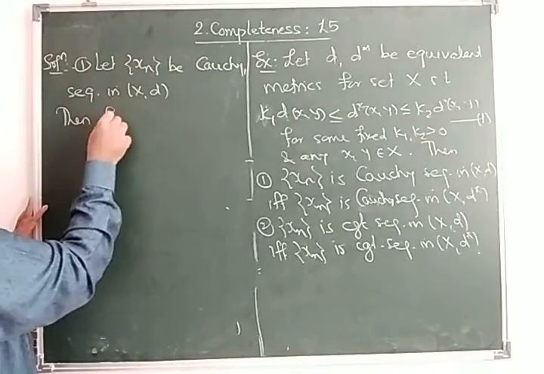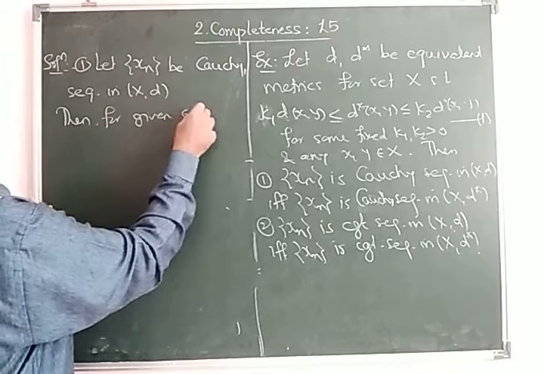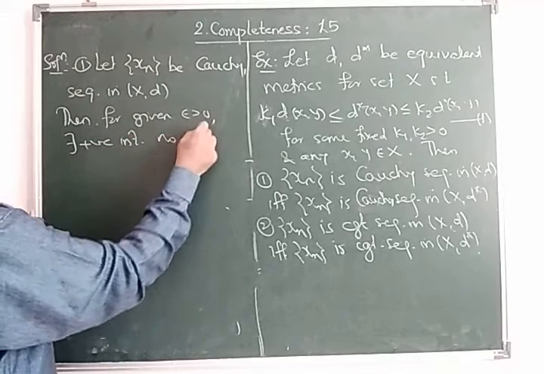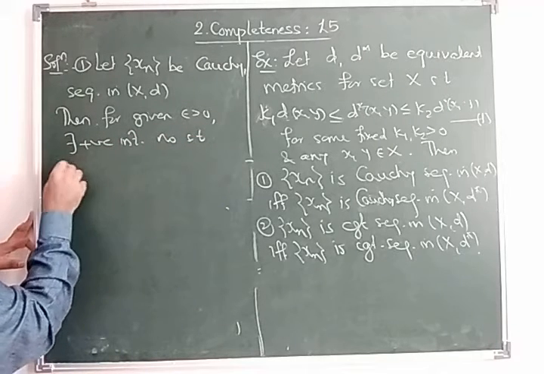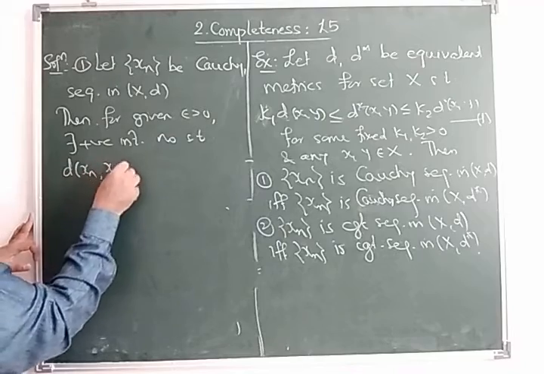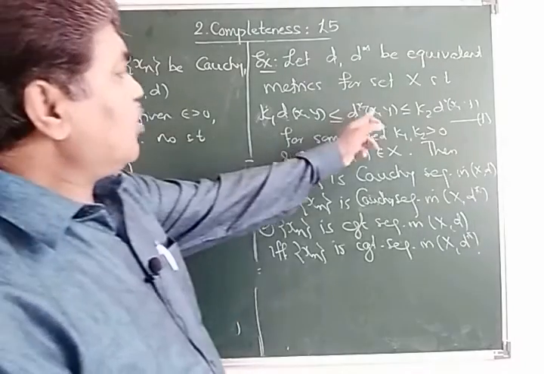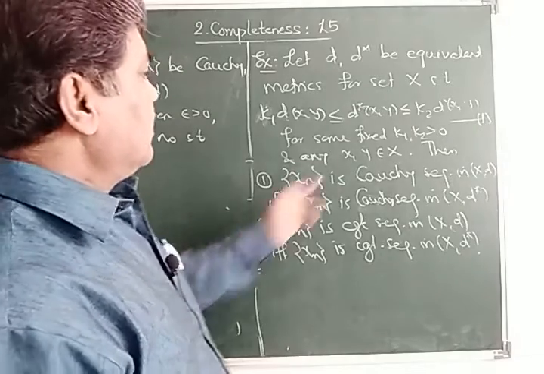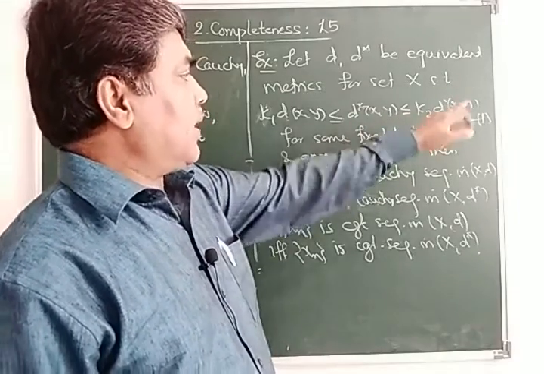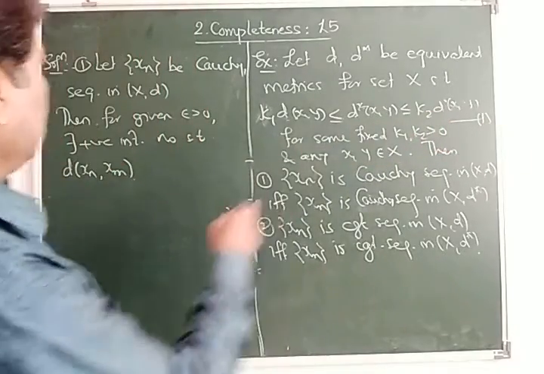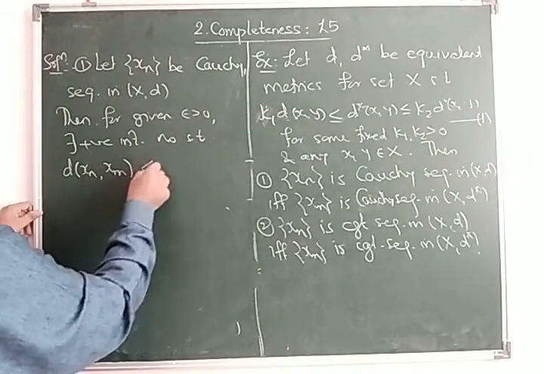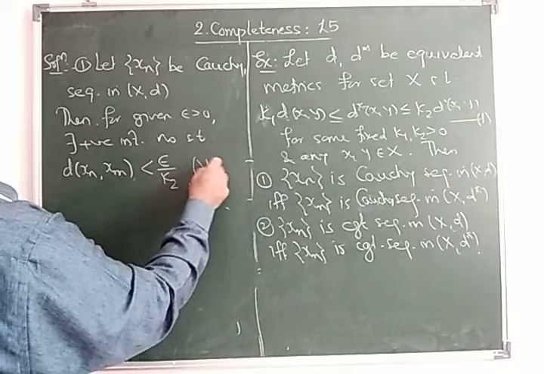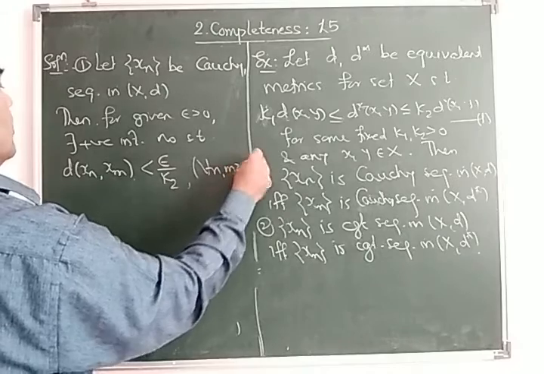Then for given epsilon greater than 0, there exists positive integer n naught such that d of xn xm is less than epsilon, and I want d star of xn xm less than epsilon. Since d star of xy is less equal k2 times d of xy, by using 1, I have to cancel that k2. So here I'll take epsilon by k2, for any n, m greater or equal n naught.